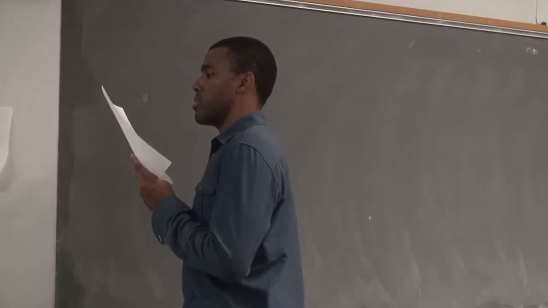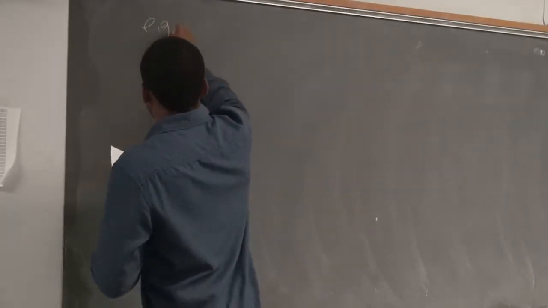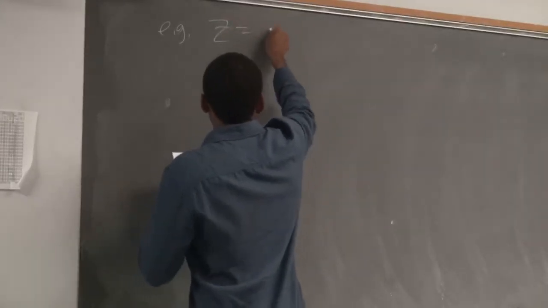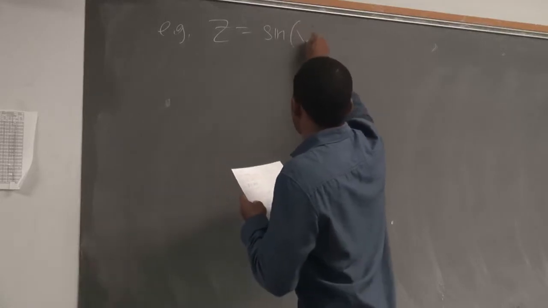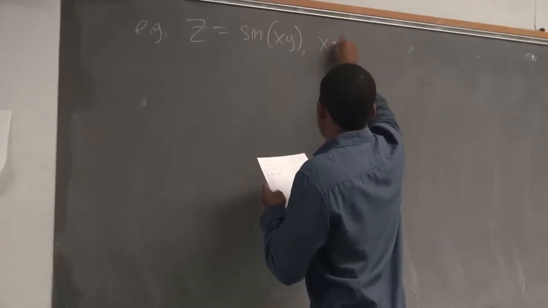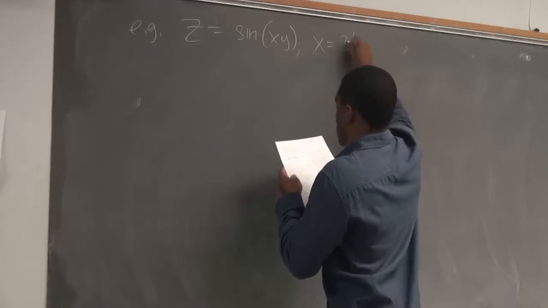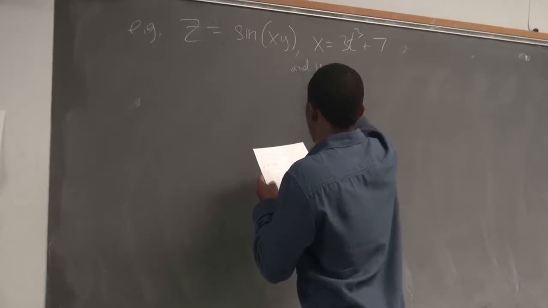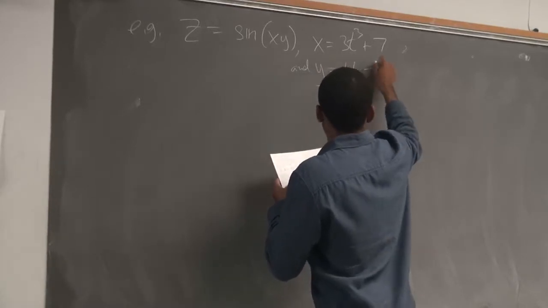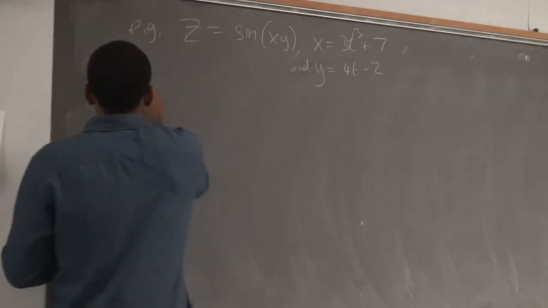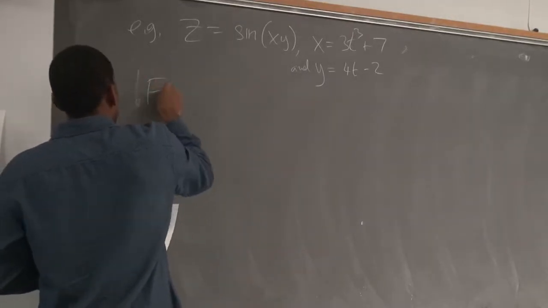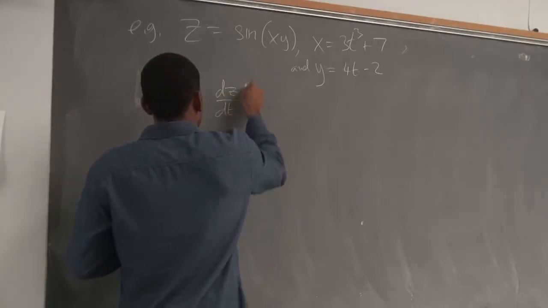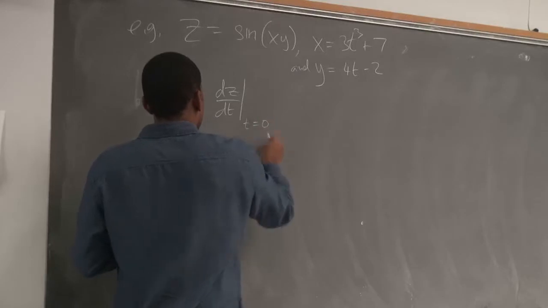Do I have an example right after? Yes, I do. Example. Let's say I told you that z is equal to the sine of xy, but also that x is a function of t, and y is a function of t. And I want you to find dz dt when t equals 0.